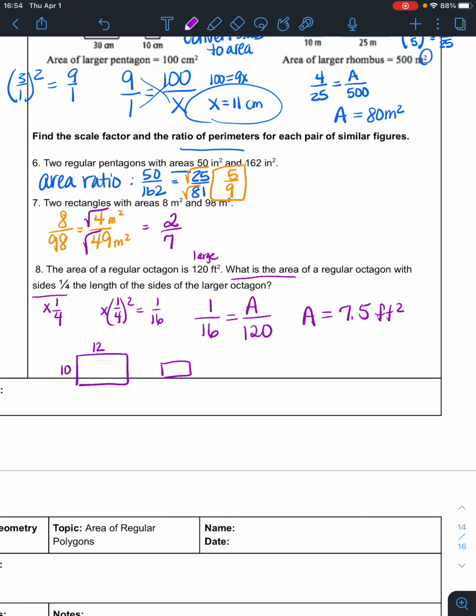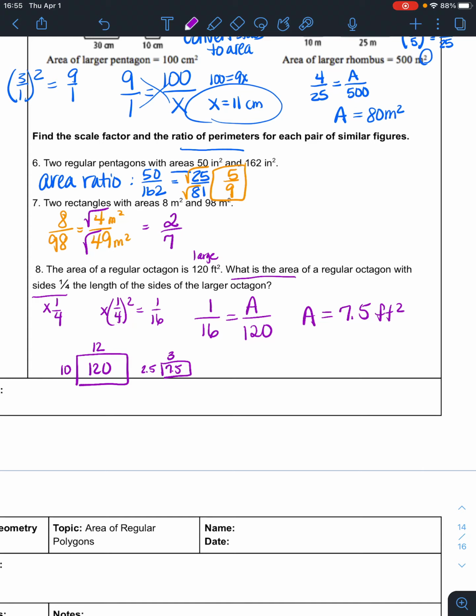So now my sides are 1/4 as big. 1/4 of 10. So if you take 10 and you divide it by 4, then 1/4 as big would be 2.5. And 1/4 of 12 would be 3. Well, the area of this is 120, and then 2.5 times 3 is 7.5.